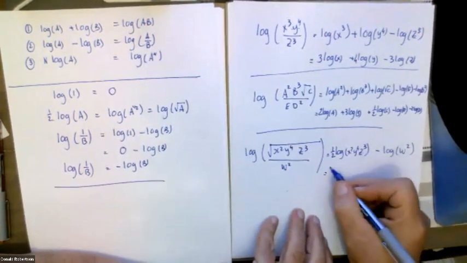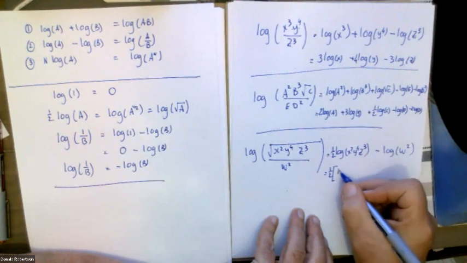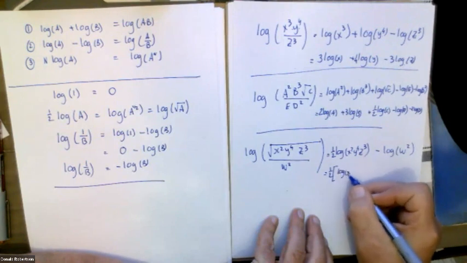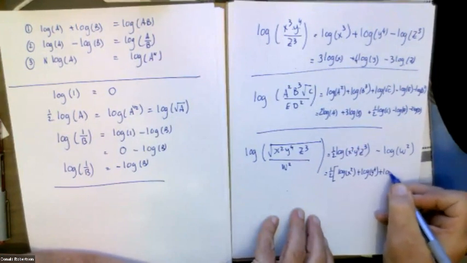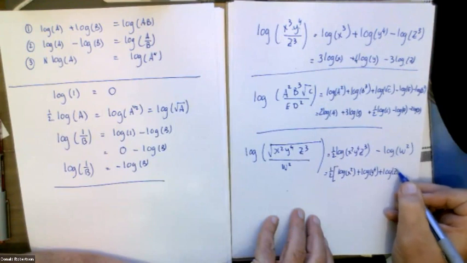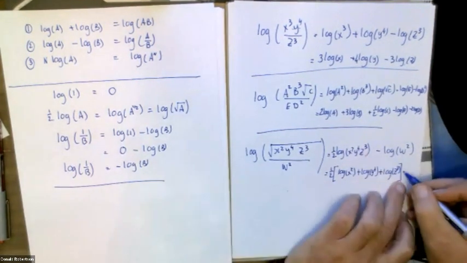Now, this is a log of 3 things multiplied. So the half gets used by all of them. So it's a half of the log of x squared plus the log of y to the 4 plus the log of z cubed. Take away 2 log w's.